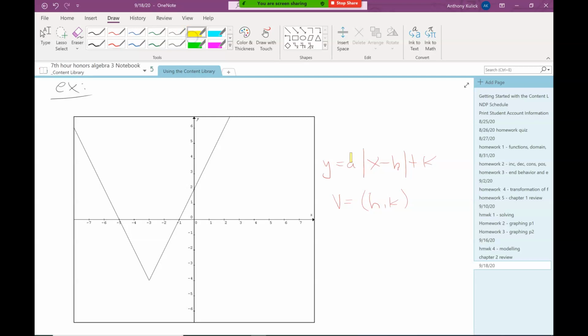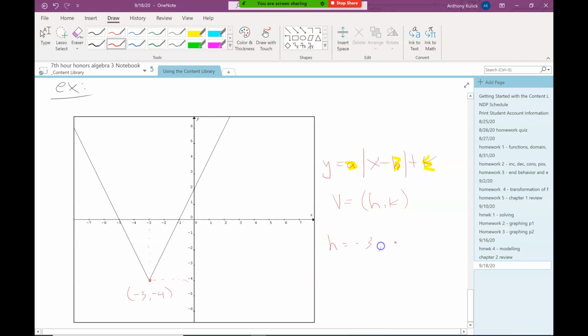For me to answer this question, I need to figure out the value for a, for h, and for k. If I can figure out those three values, then I'm done. Everybody agree? Well, figuring out h and k is really easy because I can just go and locate the vertex. And in this case, I can read that its y coordinate is -4 and its x coordinate is -3.